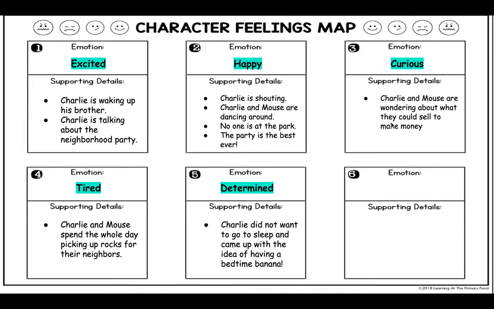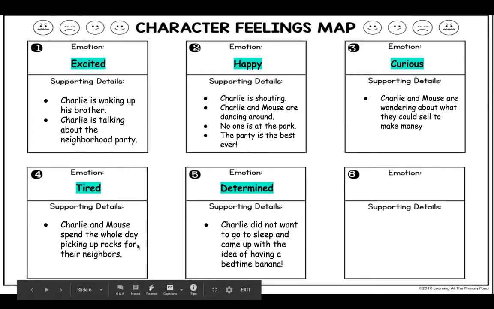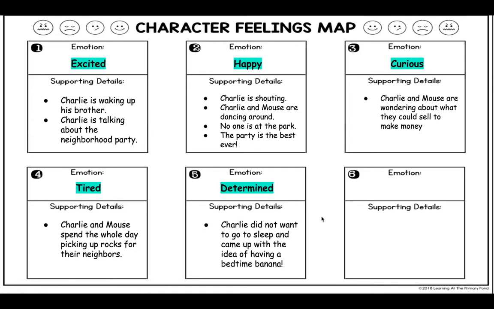Then Charlie and his brother Mouse were thinking about ways that they could use to make money. They started their business picking up rocks for their neighbors, and we ended the story with Charlie not wanting to go to sleep, and he came up with the idea of having a bedtime banana. So that's what we have learned in the past lessons about him.